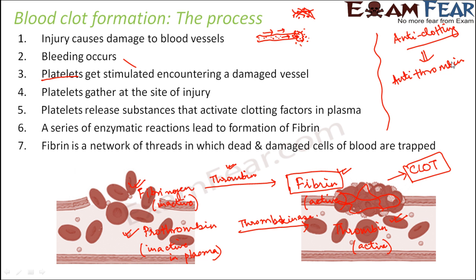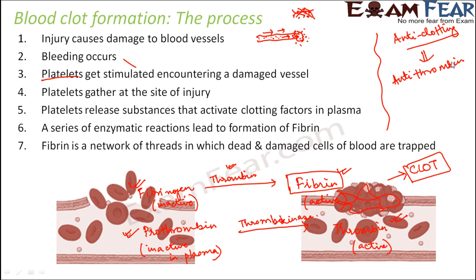So what happens is, whenever you get an injury, the blood vessels are ruptured. So the platelets and the fibrin together will form the blood clot. Now in the blood or the plasma, you also have proteins which are anti-clotting factors. So they do not let clotting take place. Such proteins are antithrombin.